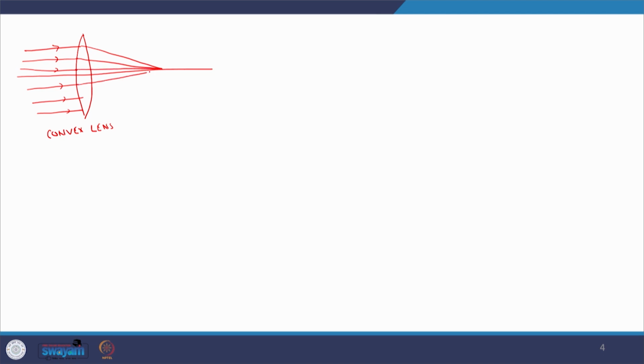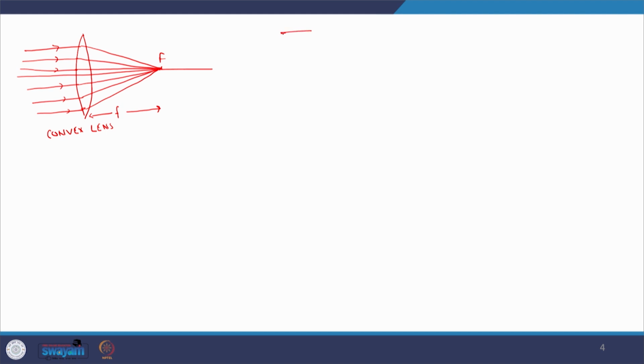The distance of this point from the lens is called focal length, and this point is called the focal point of the lens. When you launch parallel rays on a lens, it converges them to a point. Here there is a convex lens or converging lens which is converging the rays to a focal point.